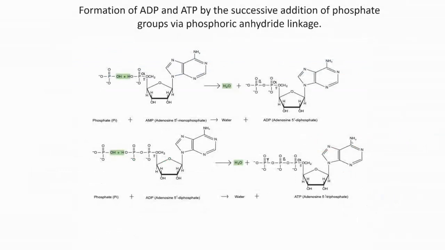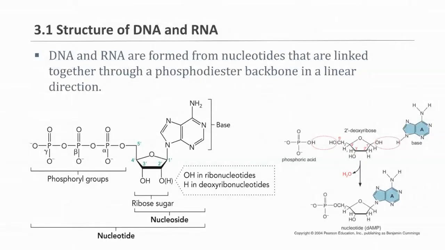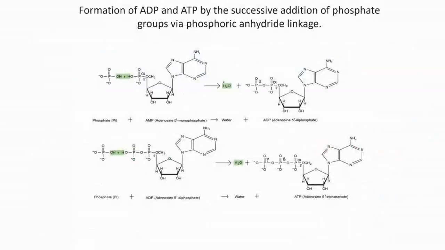And this is the formation of ADP and ATP by the additional phosphate group. From here, you see they form this nucleotide. This is the deoxy form because the number 2 carbon here is only a hydrogen, so deoxyadenosine monophosphate. And then if you add another phosphate group, it has to go through this dehydration.